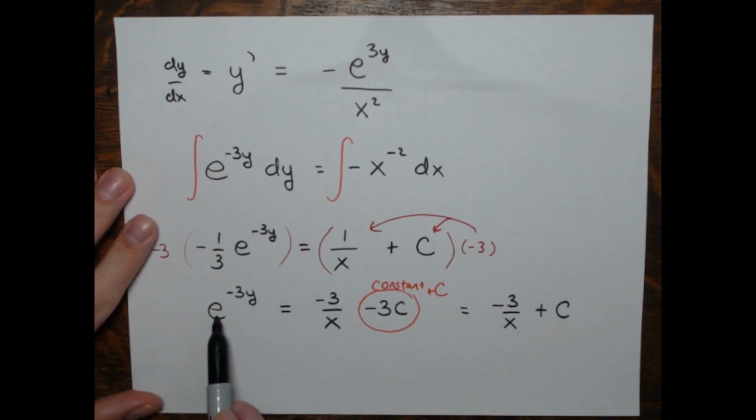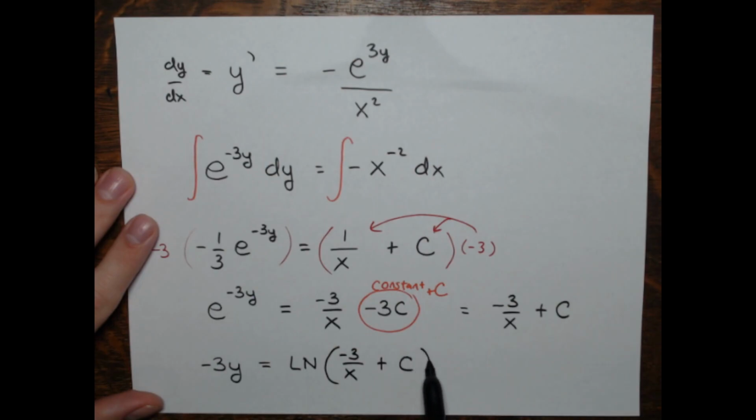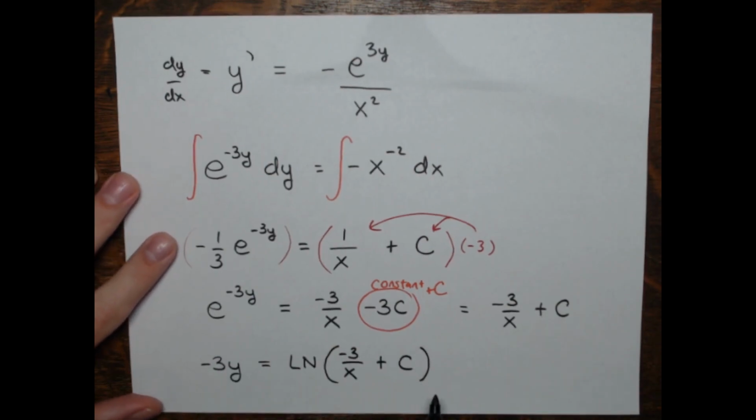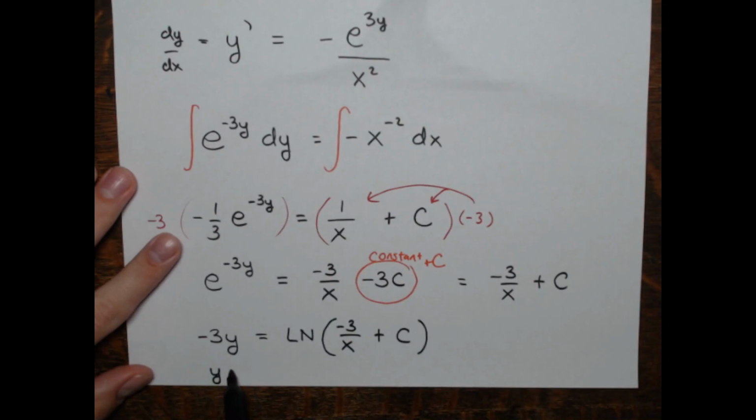Okay, now take the natural log of both sides. You have negative 3y equals the natural log of this expression on the right, negative 3 over x plus some constant, and then times negative 1/3. So we finally get y equals negative 1/3 times the natural log of, and I'll just write this as c minus 3 over x.